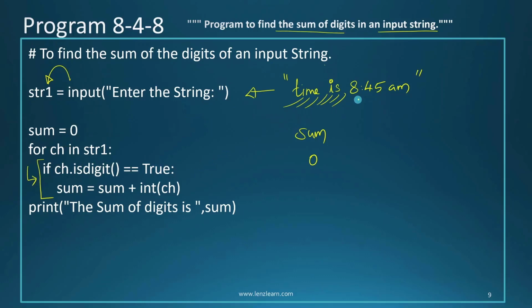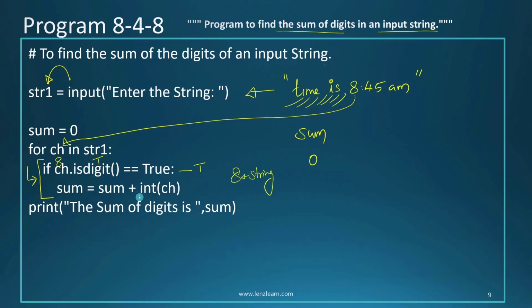So now let us see the situation in which this 8 is loaded into ch. The if condition will check whether 8 is a digit. This is true. True equal to true becomes true. So now I have to add 8 to the sum value, but you see the problem with this 8 is that it is a string. It is not a number.